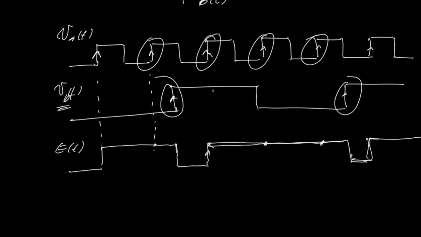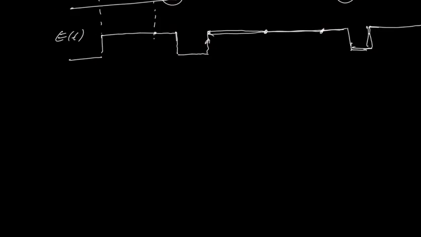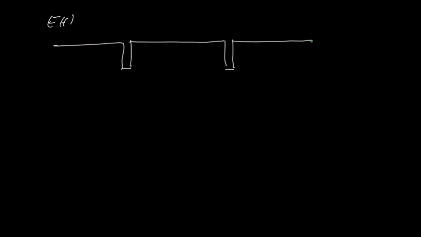So notice that if there's a difference of frequency between the two, E of t is almost all the time high. So E of t looks something like this. I'm going to draw E of t. Let's say E of t spends most of its time high. Let's say that this is 10 volts, and this is 0 volts.